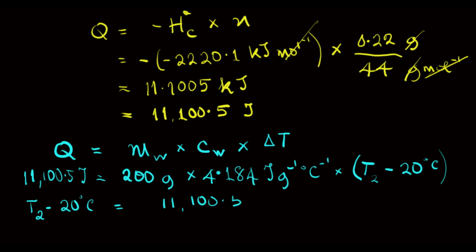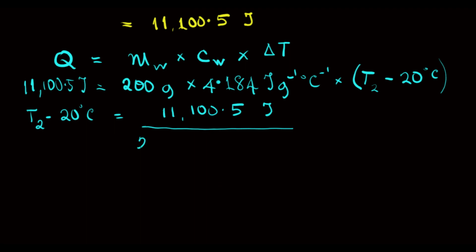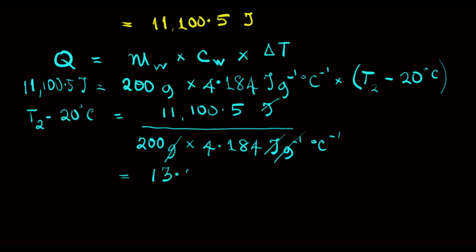11,100.5 joules all over 200 grams times 4.184 joules per gram per degree Celsius. This and this will go, this and this will go. Fine. So this will give us 13.27 degrees Celsius.